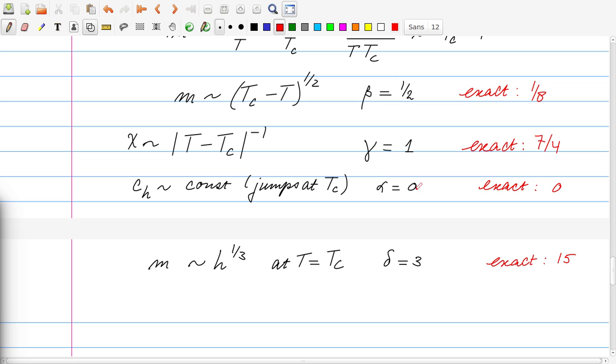That exponent alpha is 0. In the exact solution it's 0, corresponding to a logarithmic singularity. And if we are at Tc and switch on a small magnetic field, then the magnetization varies like the field to the power 1/delta. This value delta is called the exponent delta. Delta is 3, which in the exact solution is 15.